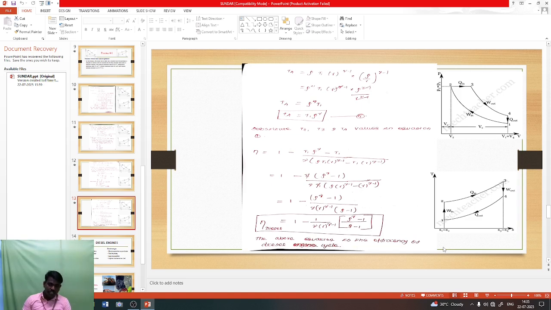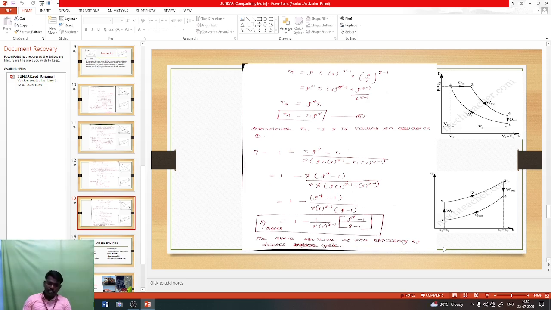So efficiency eta is equal to 1 minus (T4 minus T1). T4, what is the value? T1 into rho power gamma, divided by gamma, which we already have in the equation, into T3. What is the value for T3? Rho into T1 into R power gamma minus 1, minus T2, which is T1 into R power gamma minus 1.